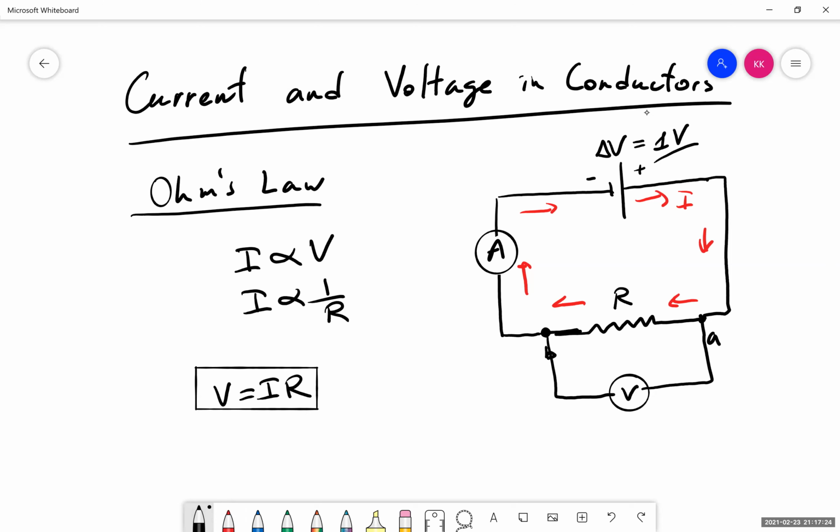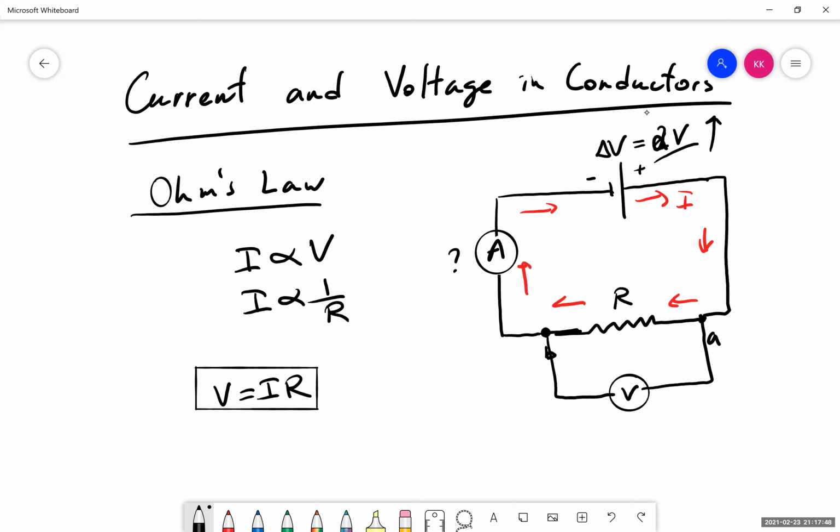But if I change this to 2 volts, the voltmeter will also measure 2 volts. Current then will also change. What we want to know is this: if we continue increasing the voltage of the battery, what will happen to the current? Is it going to increase? Is it going to decrease?